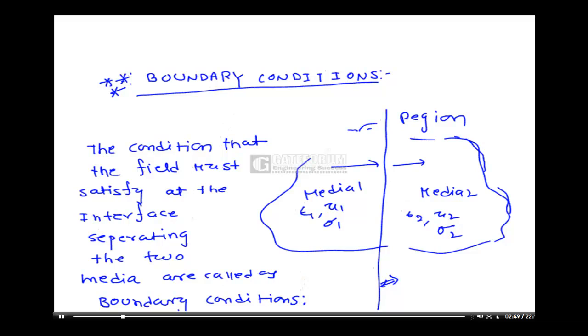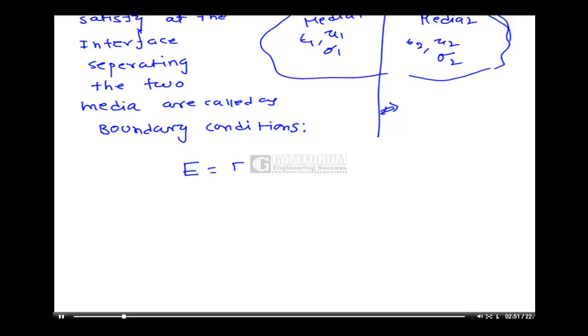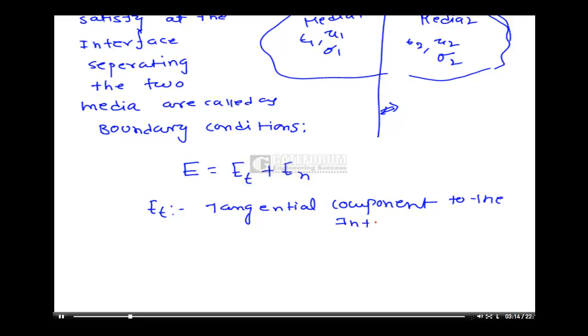Here suppose the total electric field is divided into two components, Et plus En, where Et is the tangential component to the interface, and En is normal to the interface.